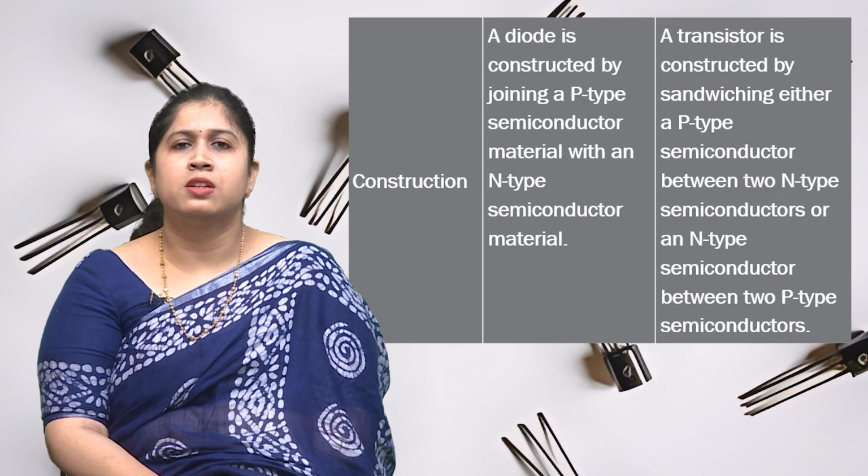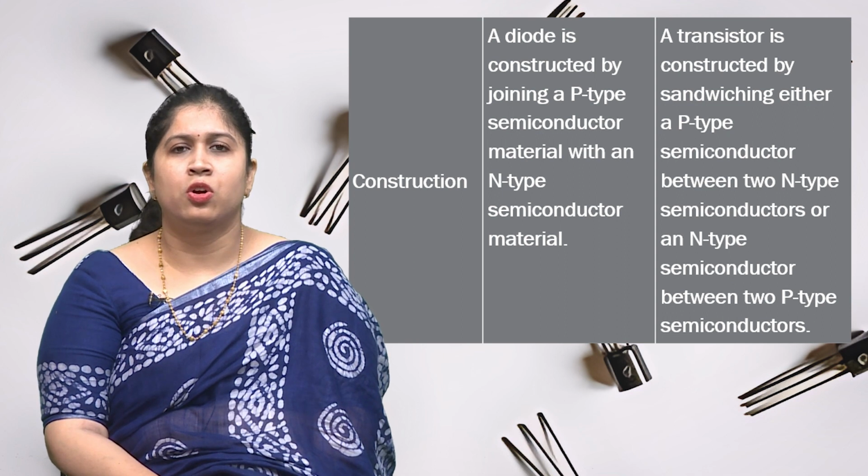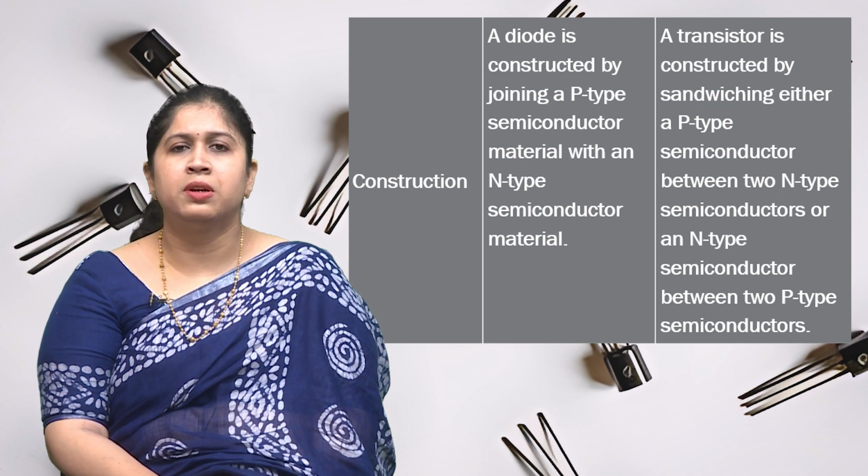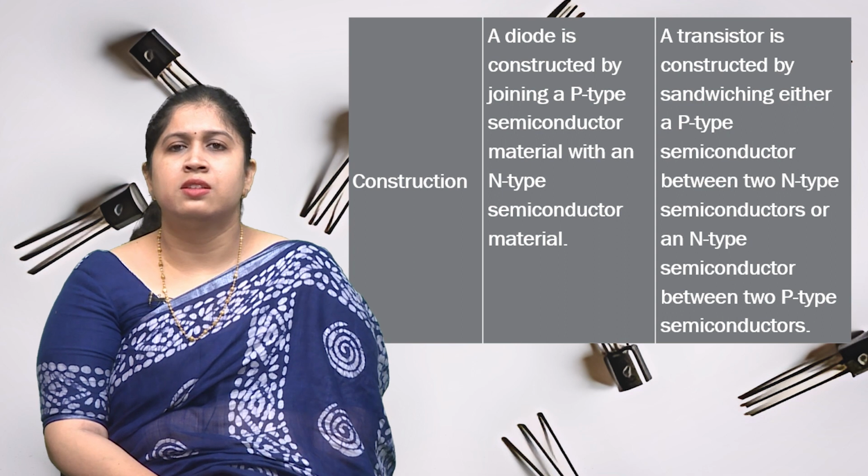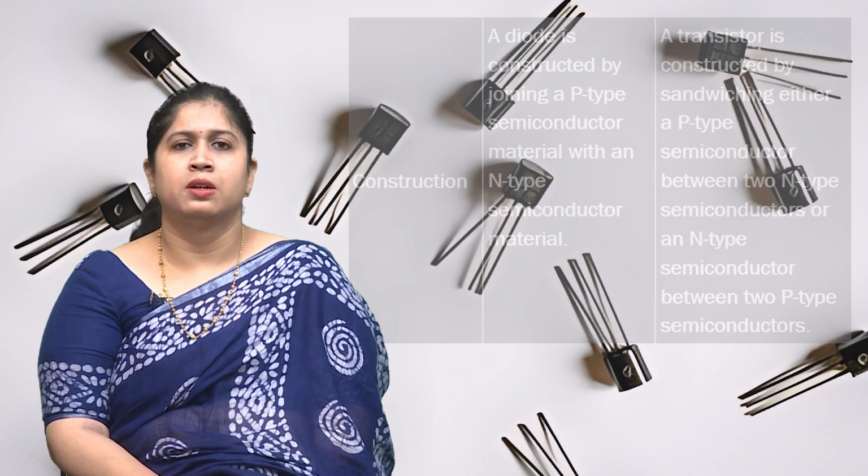A diode is constructed by joining a p-layer semiconductor material with an n-layer semiconductor material, and the transistor is constructed by sandwiching either a p-type semiconductor between two n-type semiconductors or an n-type semiconductor between two p-type semiconductors.